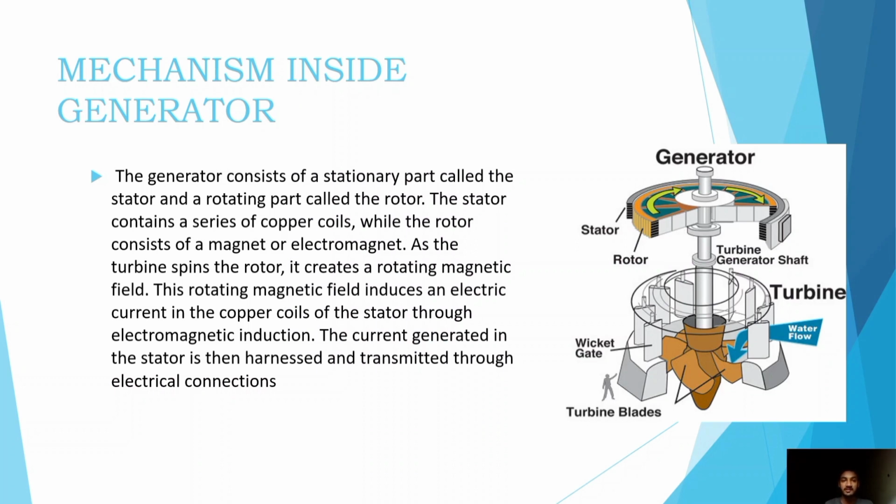As the turbine spins the rotor, it creates a rotating magnetic field. This rotating magnetic field induces an electric current in the copper coils of the stator through electromagnetic induction. The current generated in the stator is then harnessed and transmitted through electrical connections.